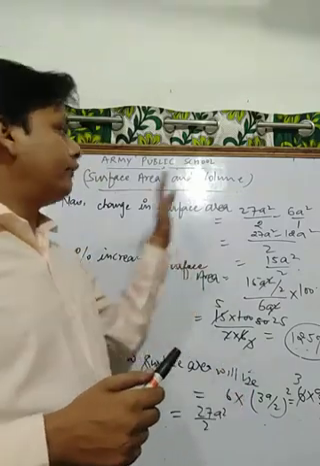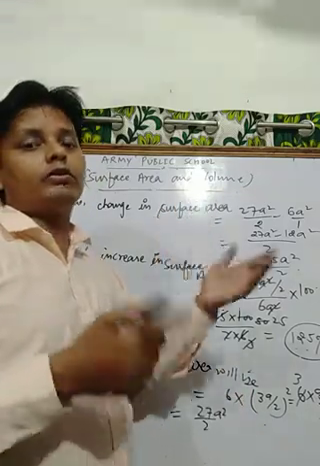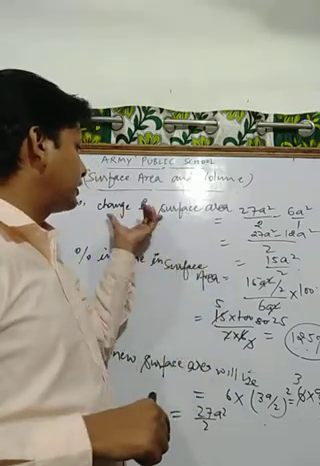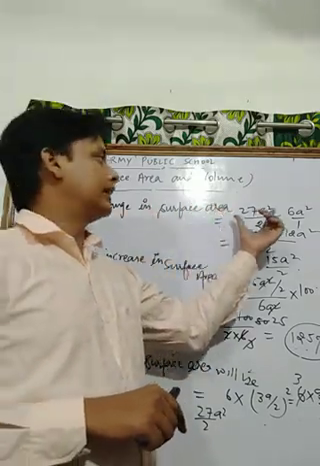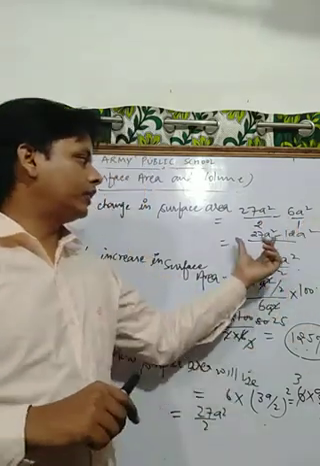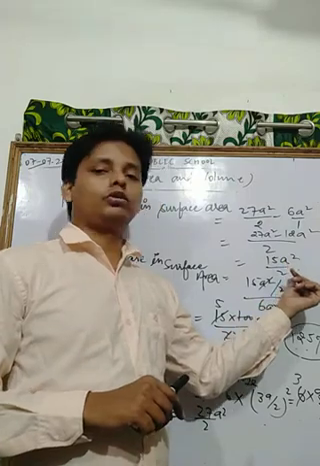Now we find the change in surface area, final minus initial, and get 15a square upon 2.